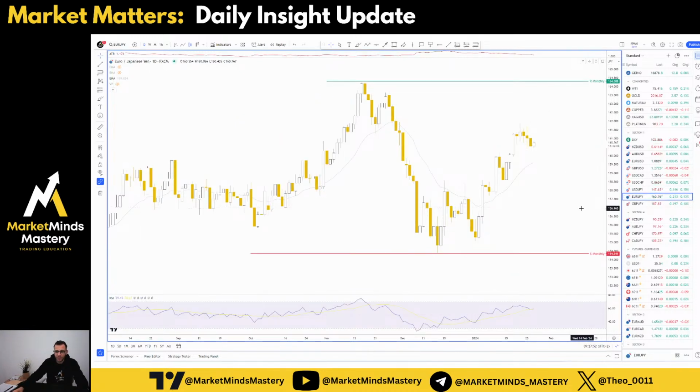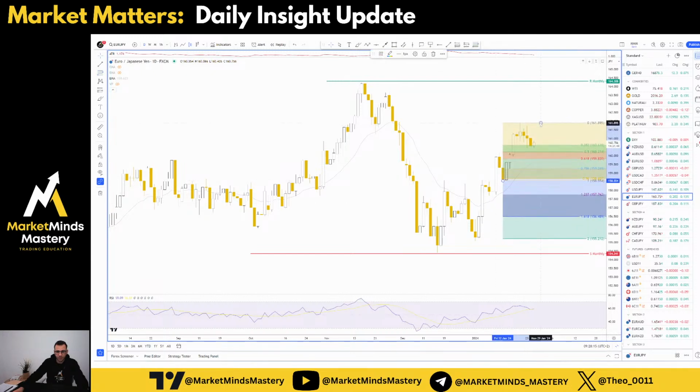Next one on the list, Euro, Japanese yen. Look at these guys. Price made this higher high and higher low. This is in an uptrend, okay? An uptrend can resume at any point.